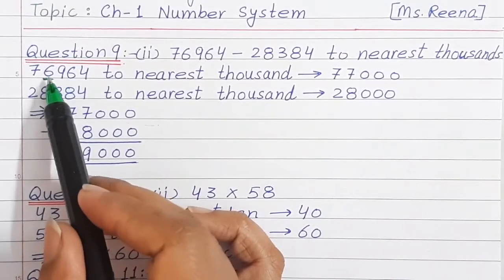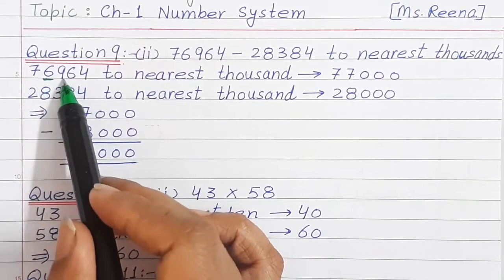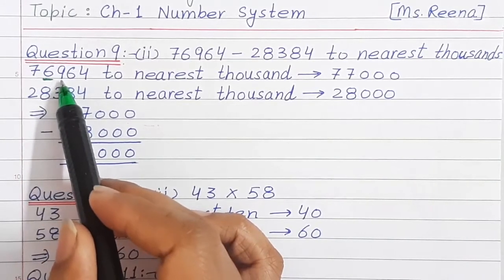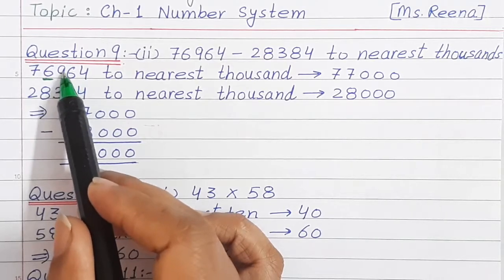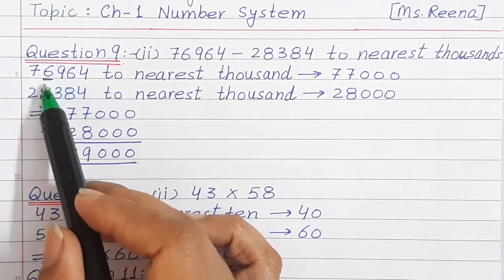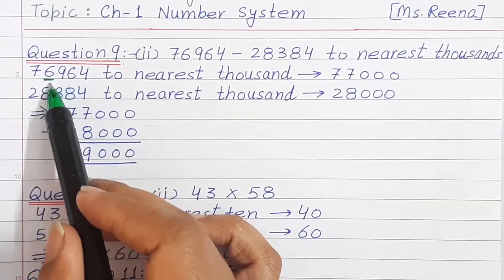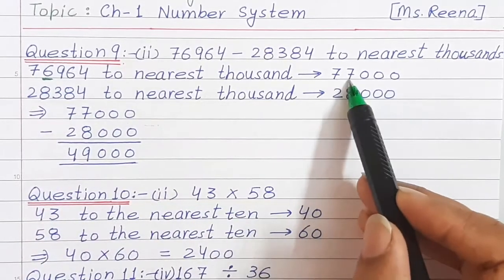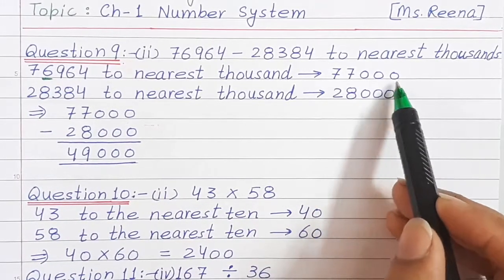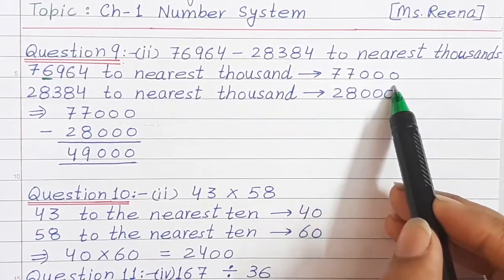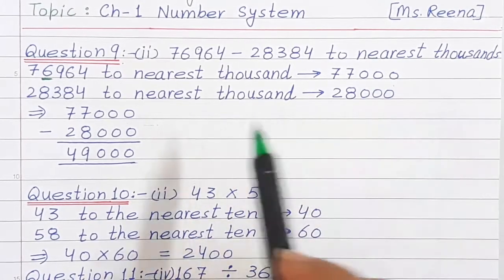So the number just after 6 is 9. Now we have to add 1 to the previous number, that is 6. 6 will become 7. So it is 77,000. Clear?